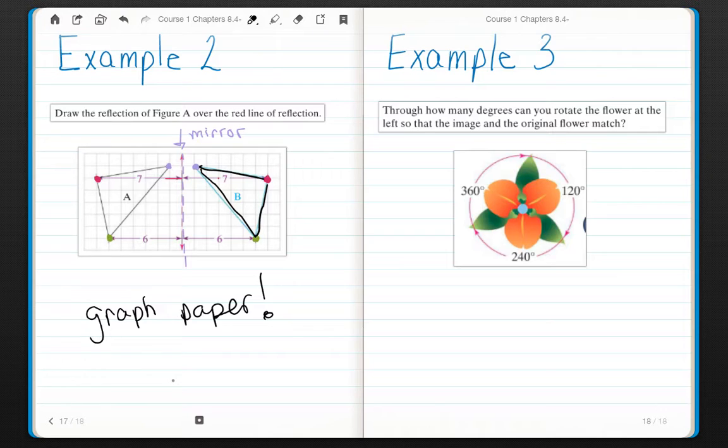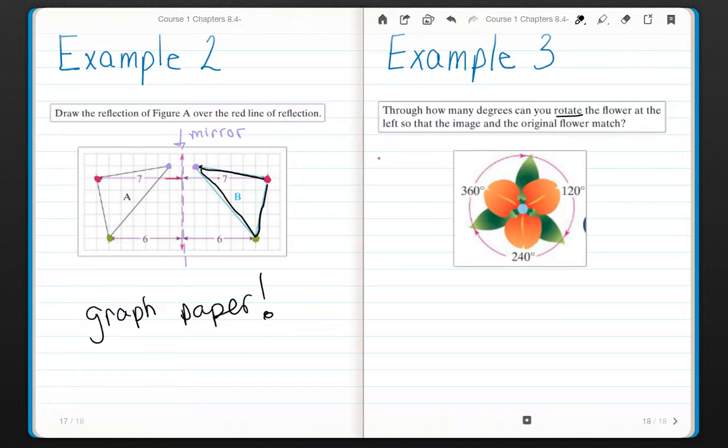Okay, example 3. We've talked about translations, we've talked about reflections, and now let's talk about rotations. So, through how many degrees can you rotate the flower at the left, or down here at the bottom, so that the image and the original flower match?